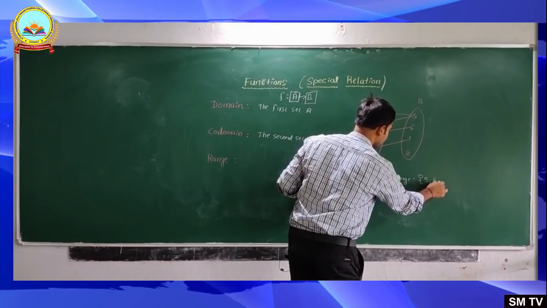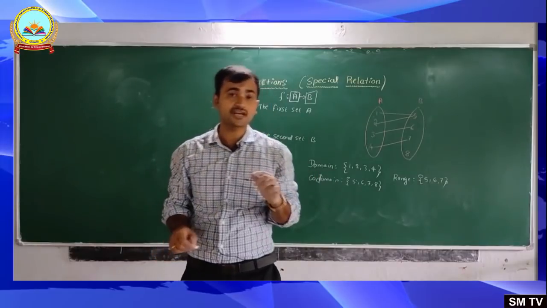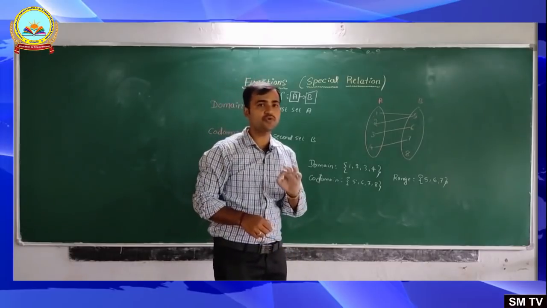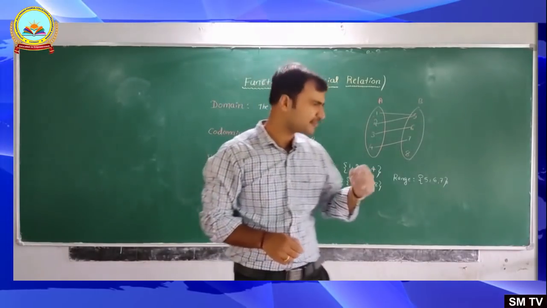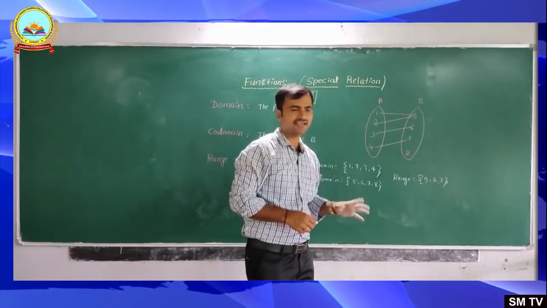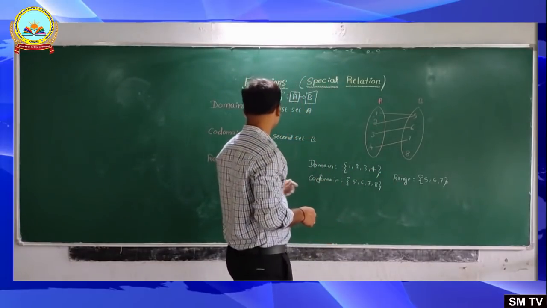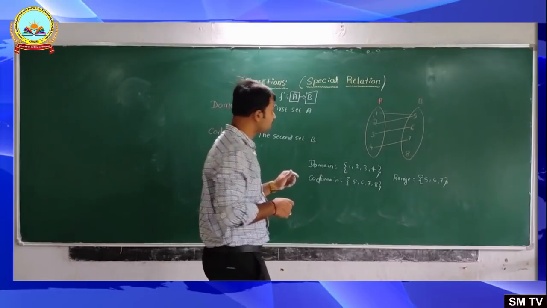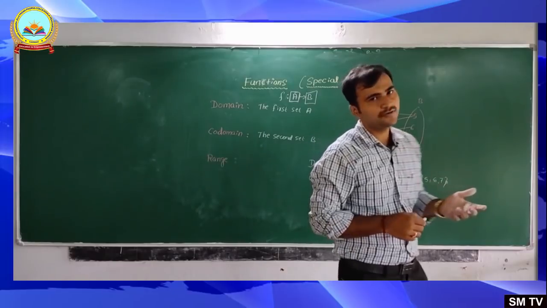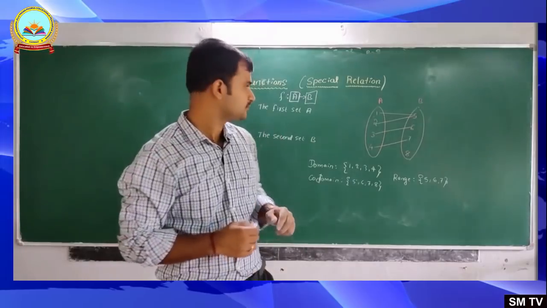Therefore, you can conclude that range is a subset of codomain. Range is always a subset of codomain. At the max, all the elements in the codomain may be present in range. Otherwise it will be a subset of the codomain. Next, using this concept, we define one or two types of functions, that is real function and real valued function.